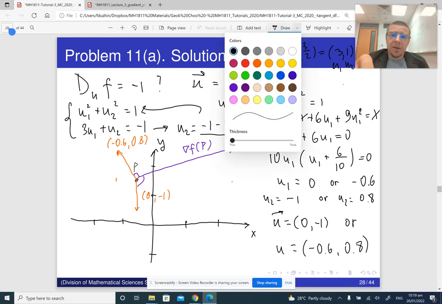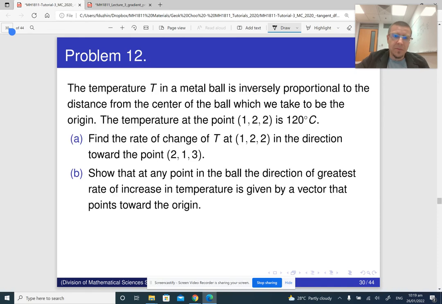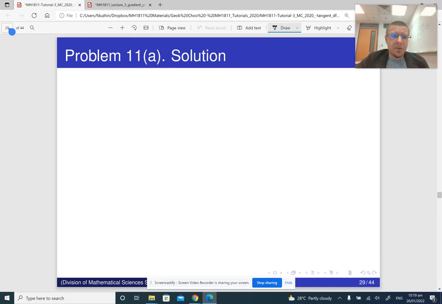All right, part B is somewhat easier. So this is problem 11B. In problem 11B, we still know that the gradient of f at the given point is (3, 1).